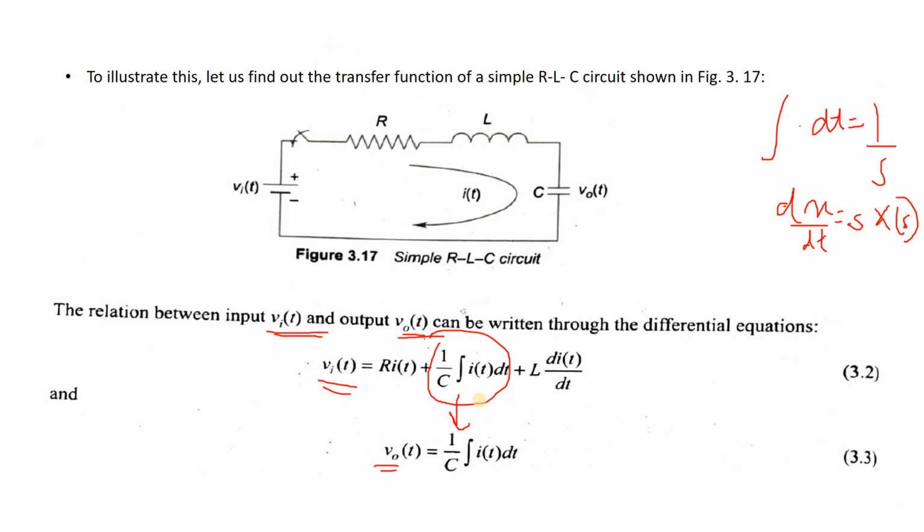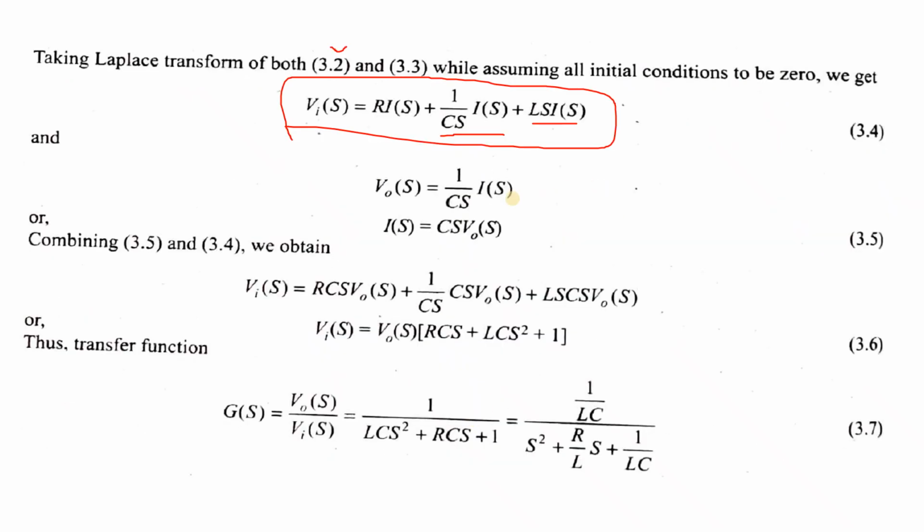Now for 3.3, that is this one, it is already the middle term or the second term. Since we have already written this, it is rewritten once again over here. So 3.3 means it is this middle equation itself. So V0(S) equals 1 by CS I(S). Now from here we will write I(S) equals CS V0(S).